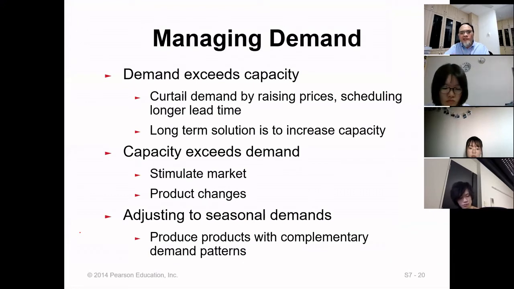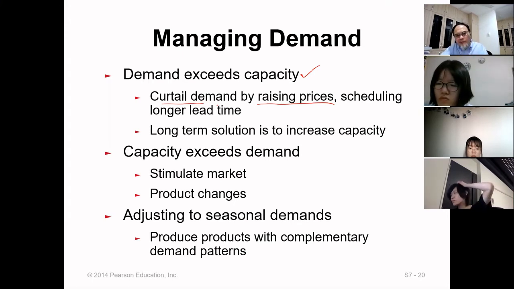Some of the ideas that you can use, just suggestions, are about managing demand. When demand exceeds capacity, you need to curtail demand by raising prices, but it's not good. Curtail means to suppress or stop, lowering demand by raising price or scheduling longer lead time.